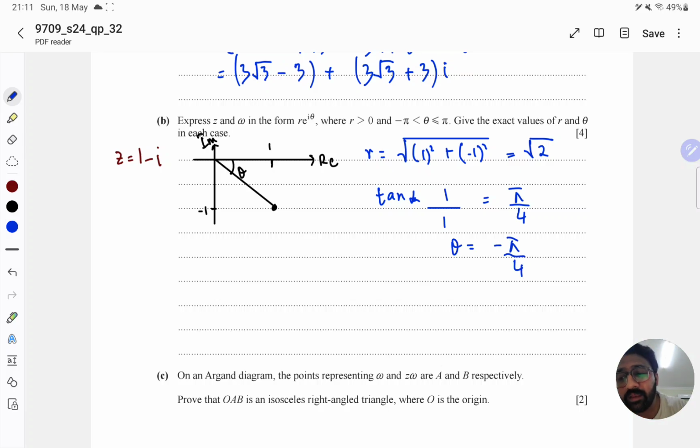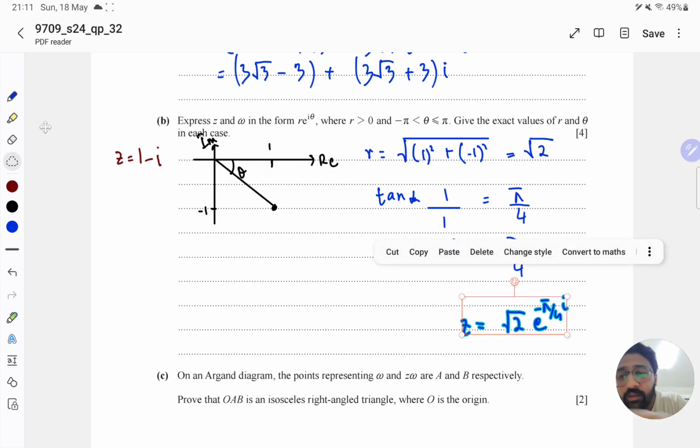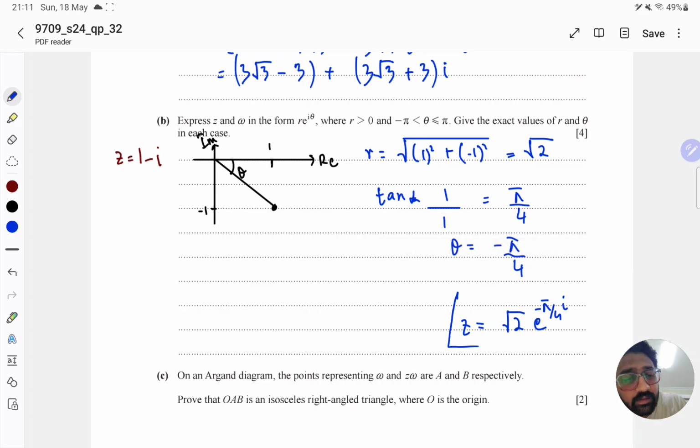The reason is that it is below the x-axis. So if I write down z in that form, it will be square root of 2 e raised to the power of minus pi by 4 i. This is z.